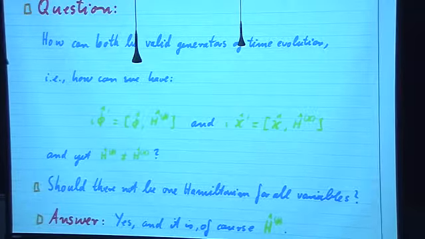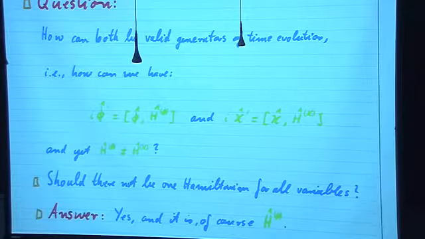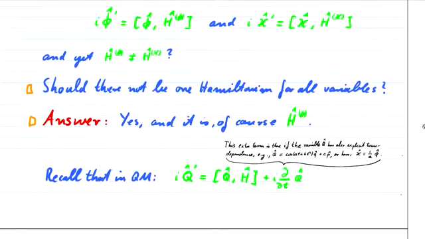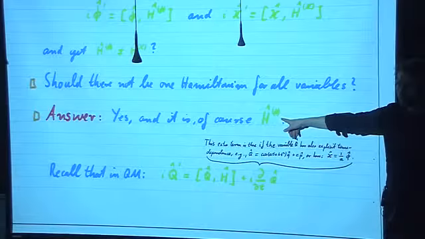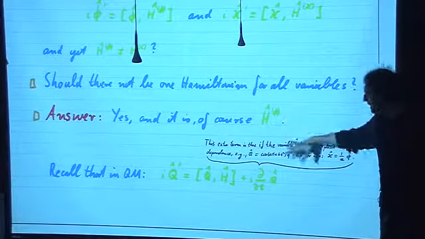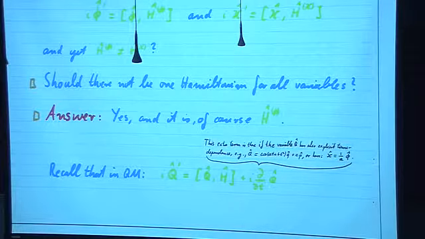Yes, indeed, there is in principle one preferred Hamiltonian for all variables, and that Hamiltonian is of course the original one, h superscript phi. You can still use the other one too, but this is the primary one, and here is how it all resolves.